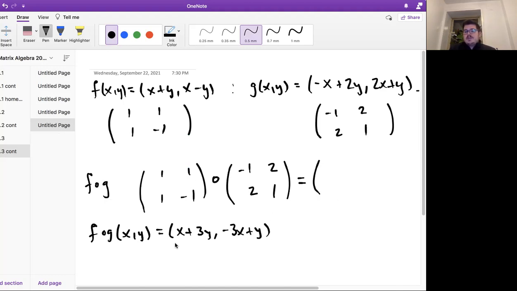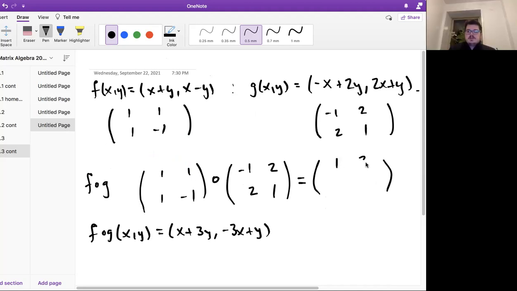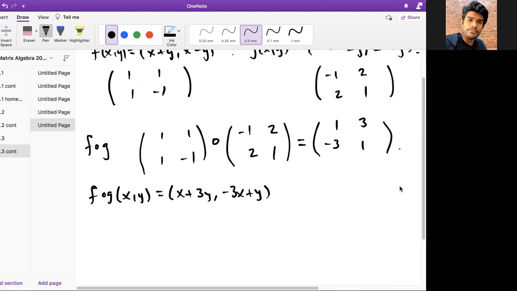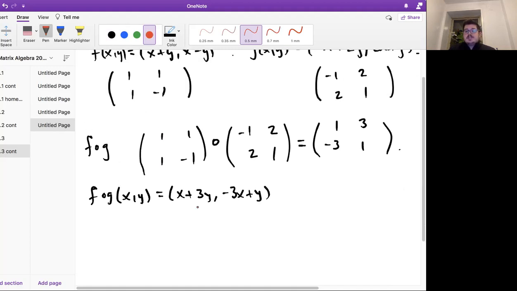So what is the matrix of that? 1, 3, and -3 and 1. Okay, so how can we get to this composition just by looking at the matrix?